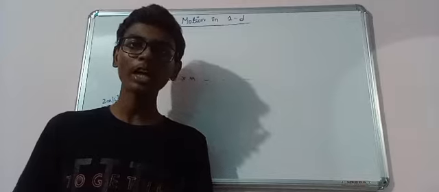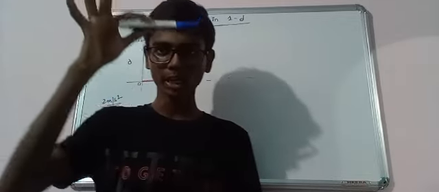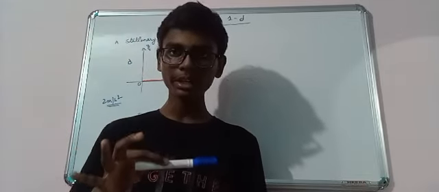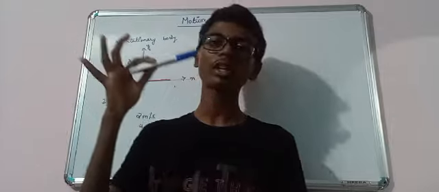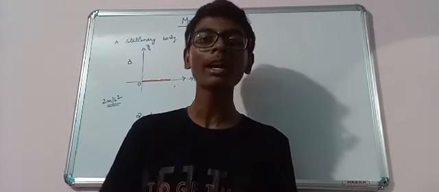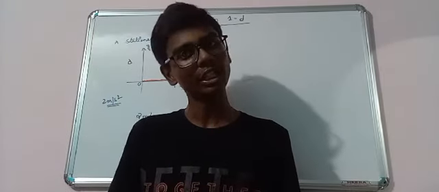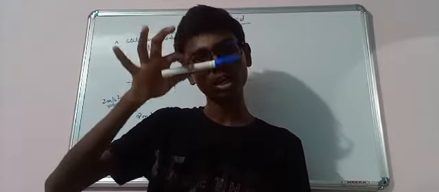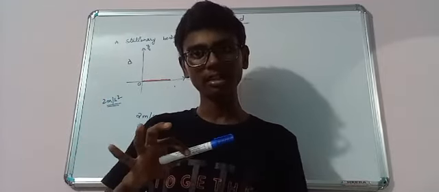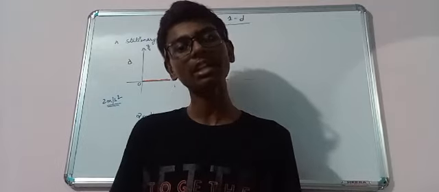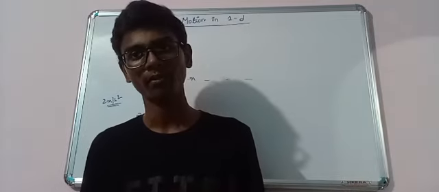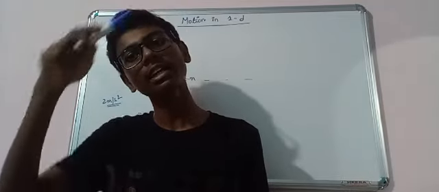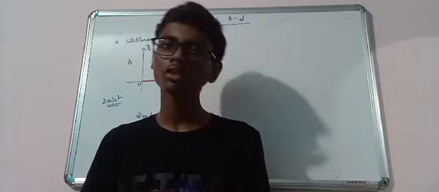So what does a free falling body mean? If we are releasing a body like this, its velocity will be increasing by an acceleration of 9.8 meter per second square. Why? Because that is the value of g, acceleration due to gravity. So if a body is moving towards the earth, there is an increment in the velocity due to the application of g.